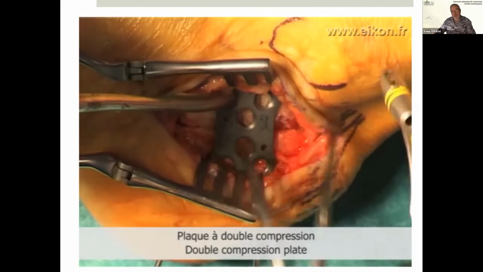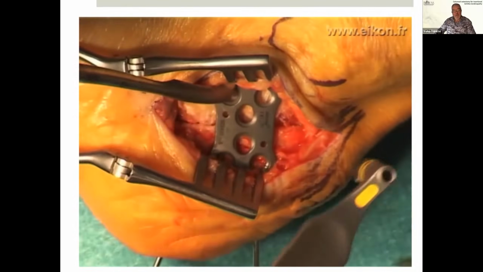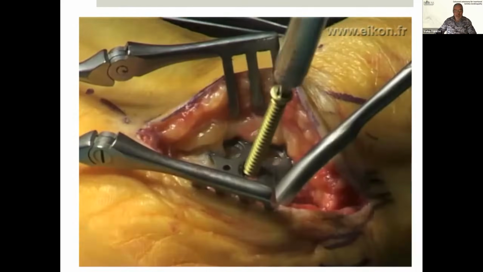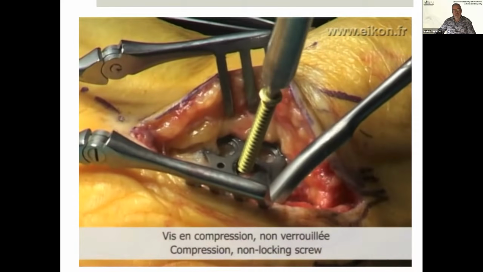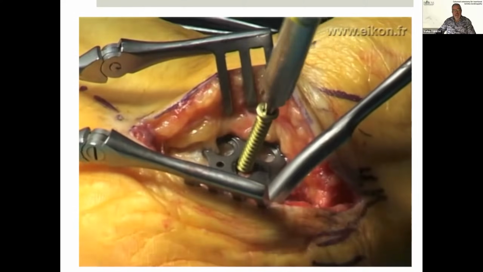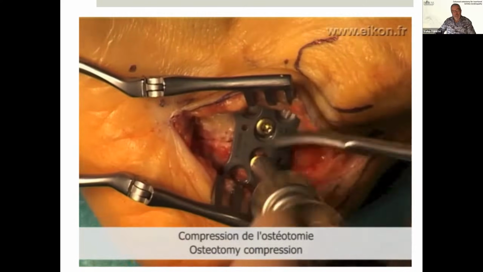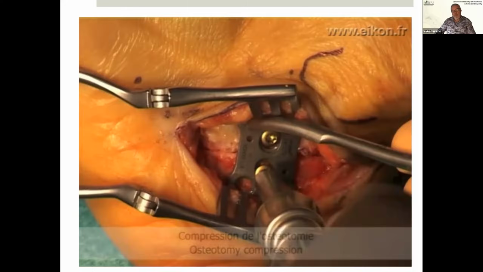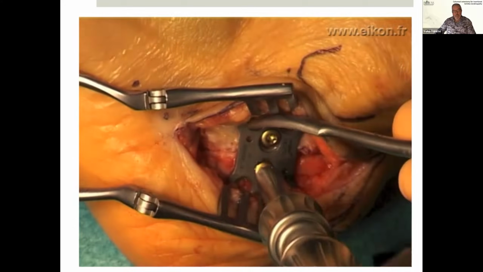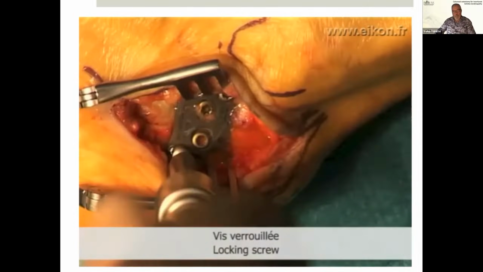Then we fix. I decide to fix with a plate because I prefer to put a plate rather than screws in the area of the insertion of the tendon. I use a locking plate, very bulky, which leads to earlier weight bearing.